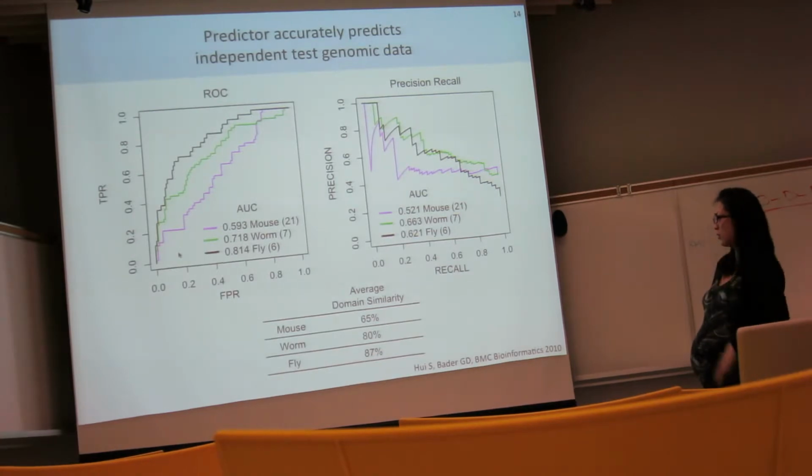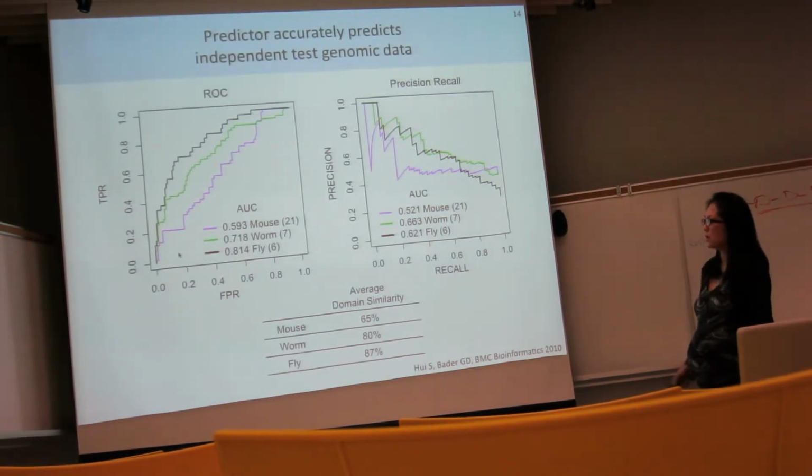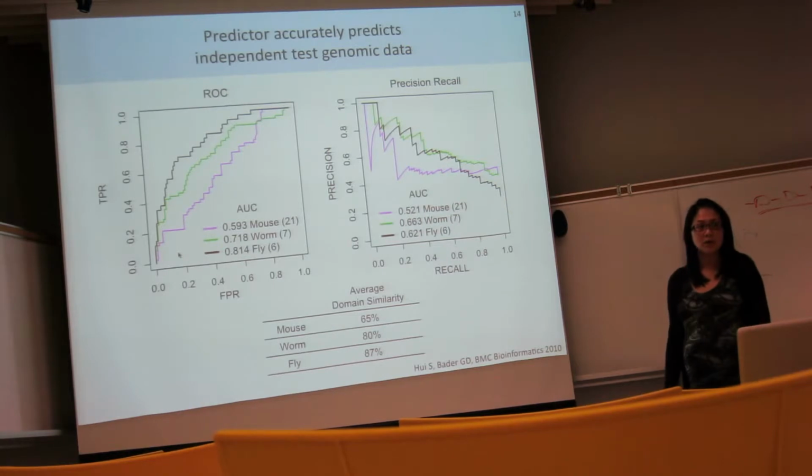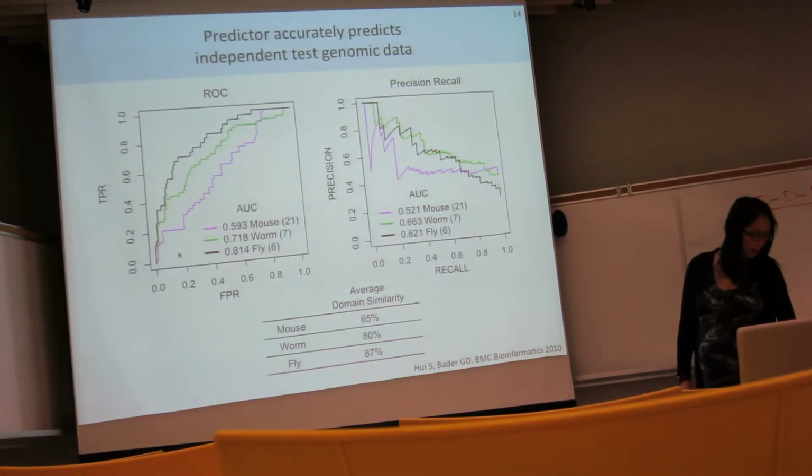So to investigate why this was the case, we computed the average domain sequence similarity in these test sets to the ones in the training set, and found that the mouse domains were much less similar than the ones in the worm and the fly test. So this lower performance is not unexpected. However, in general, this shows that our predictor is able to correctly predict many interactions of different organisms.